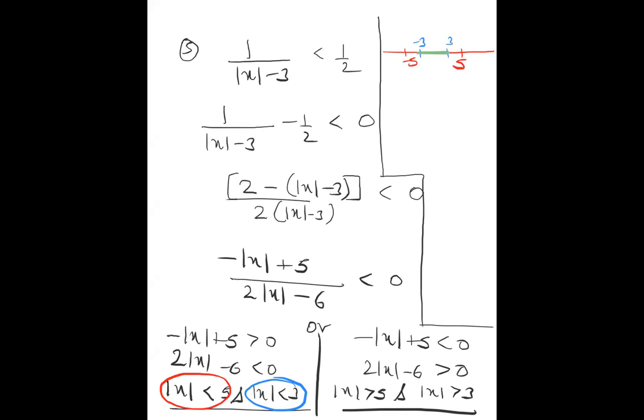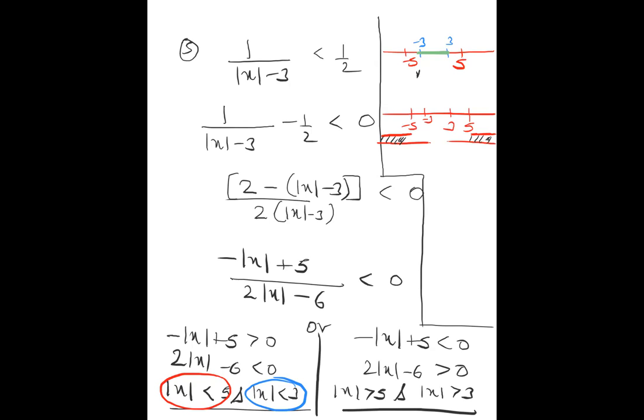Understand? And let me do this another one. Greater than 5 means greater than 5 or less than -5 actually. Greater than 3 means greater than 3 or less than -3. Agree? Now, what is common? Common is actually this one, 5 to infinity.